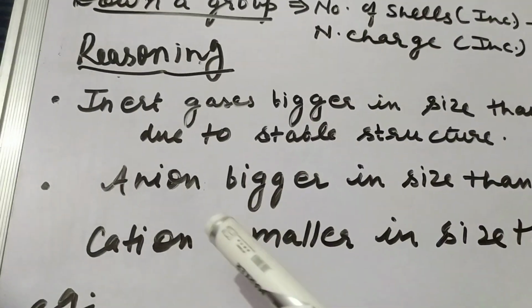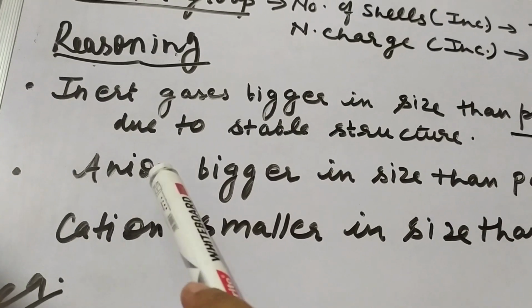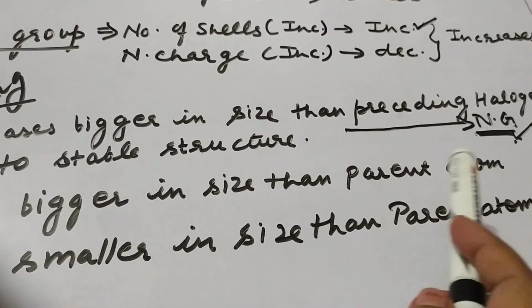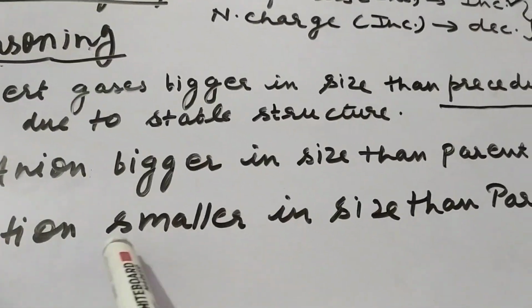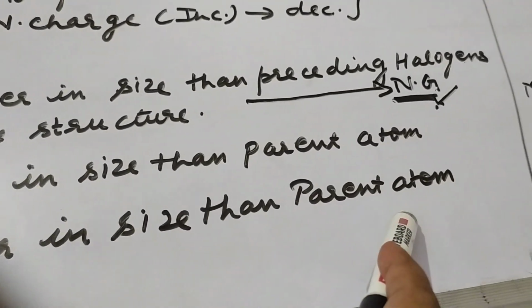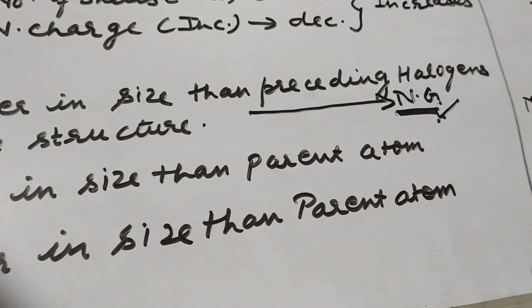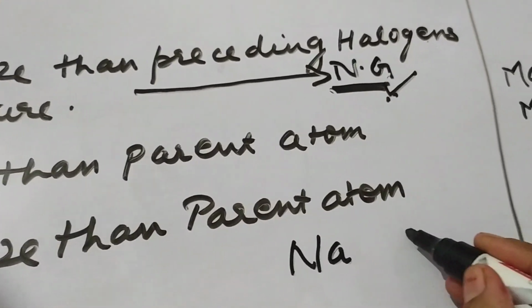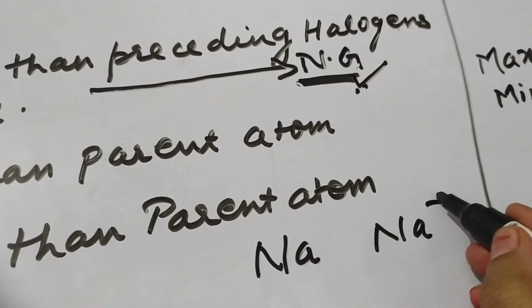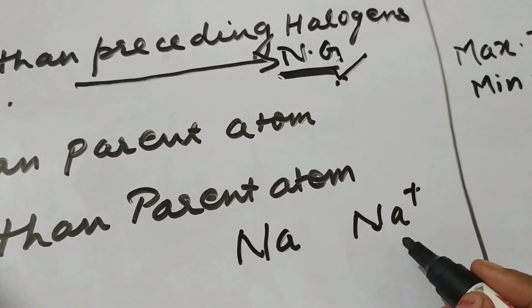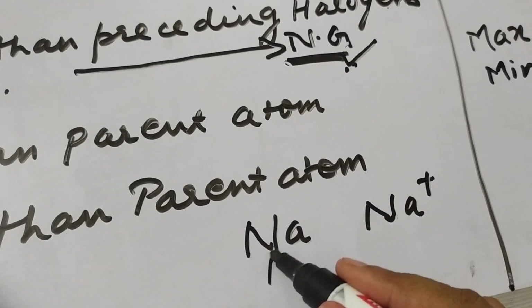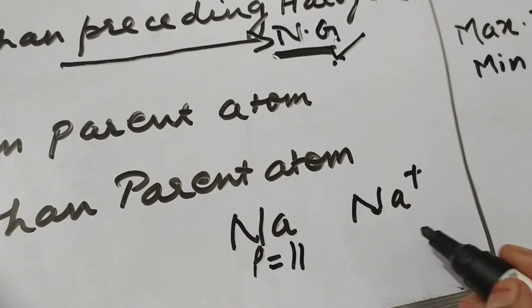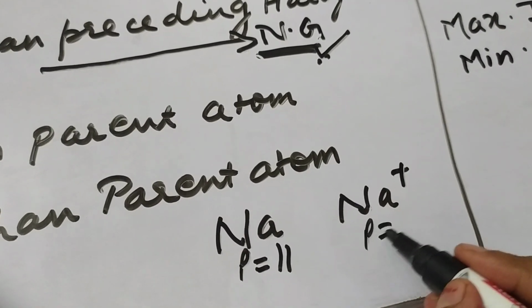Next reasoning that can be asked is, anion is always bigger in size than the parent atom, and cation is always smaller in size than the parent atom. Why? Suppose we are taking an example, sodium Na and Na positive. This is a cation, in which 1 electron is less. Here protons are 11, and here protons are also 11.